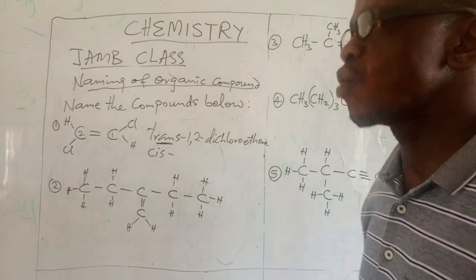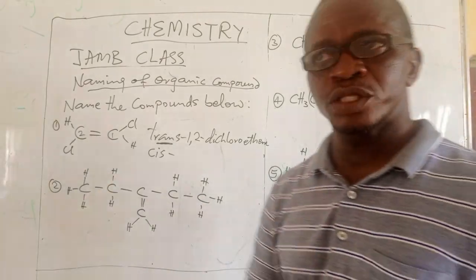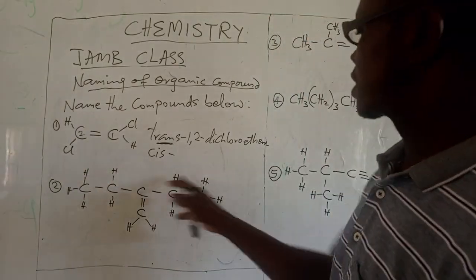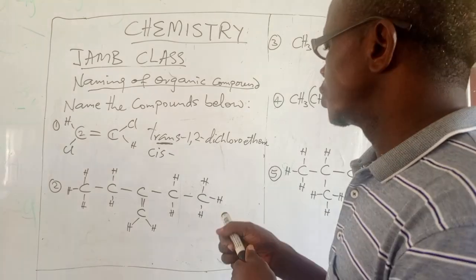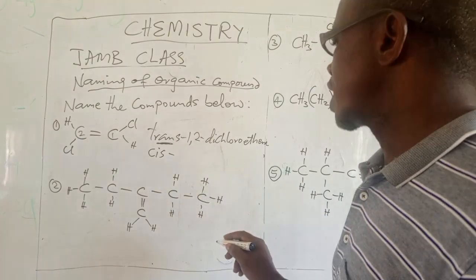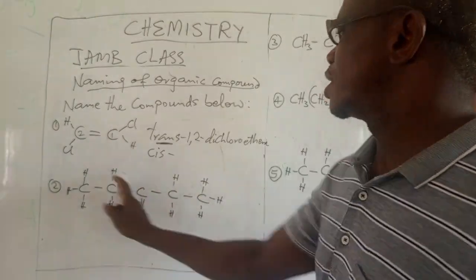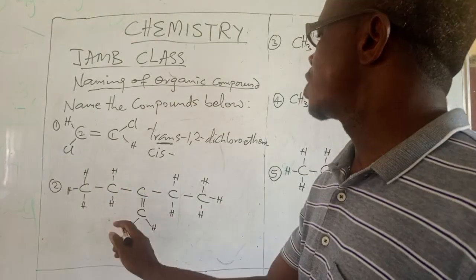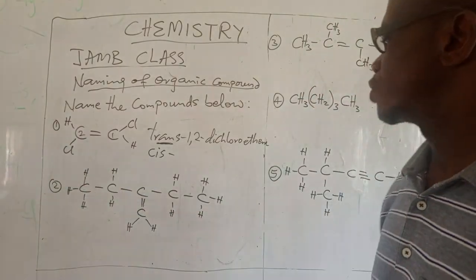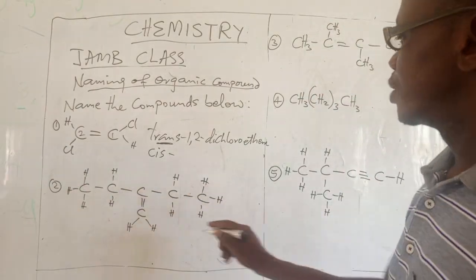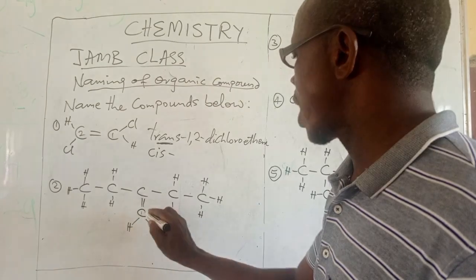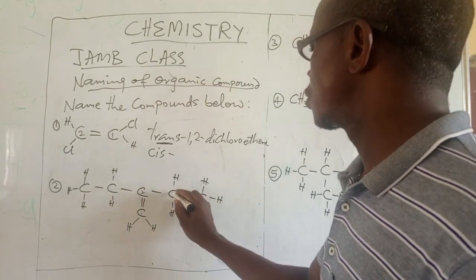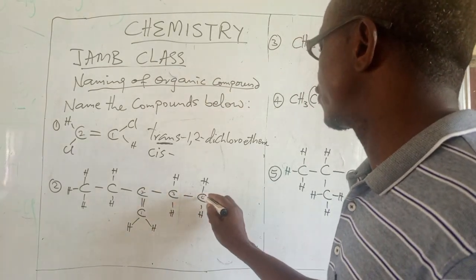So any side can go. The other side becomes what? Substituent. So if I take this side to be the chain I want to take, my longest chain, this side from here becomes the substituent. So now let's take this side. Numbering of carbon: 1, 2, 3, and 4.